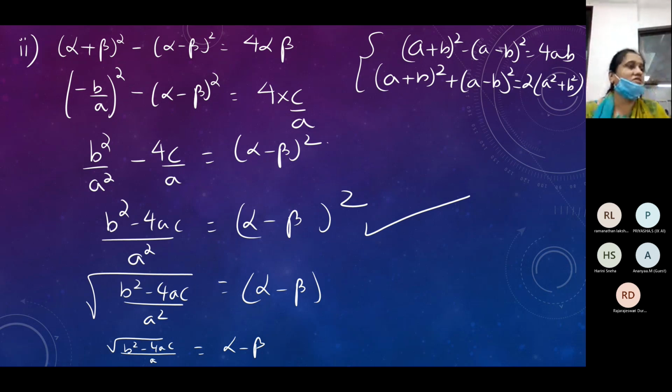Then you can do alpha minus beta. Alpha plus beta is minus B by A. If you have the values of alpha and beta, you can do either alpha plus beta or alpha minus beta. If you don't have the values, alpha plus beta is minus B by A, but you cannot manipulate alpha minus beta.